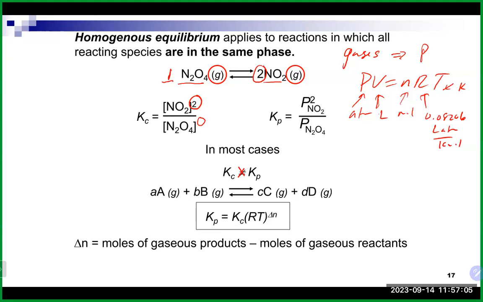So if you have an equilibrium where you've got gases, you could write an equilibrium constant where this is the partial pressure of NO2 squared, once again using the coefficients, divided by the partial pressure of N2O4. This is creatively called Kp. I'm going to go with pressure on that one, as the other one deals with concentrations.